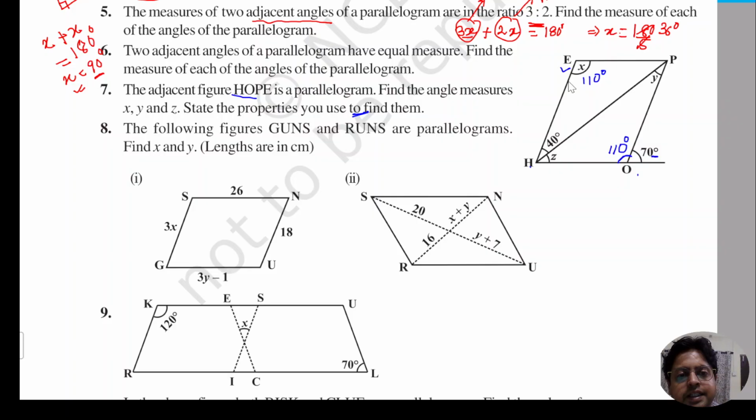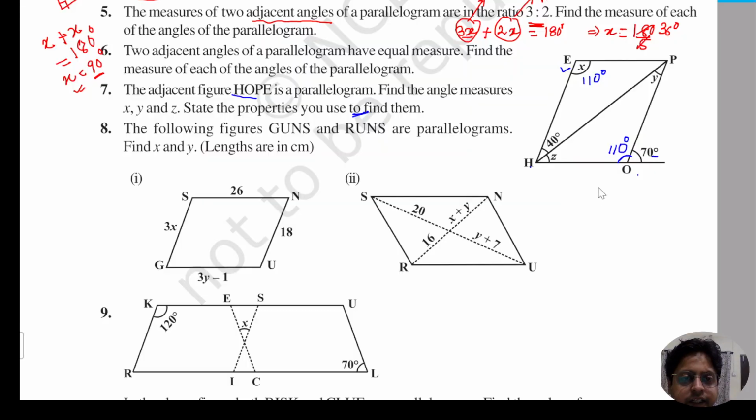Now there is another property of parallelogram, that is the adjacent angle are supplementary. It means the sum of adjacent angles is equal to 180 degree. So the angle HEP plus angle EHO is equal to 180 degree since they are adjacent angles.